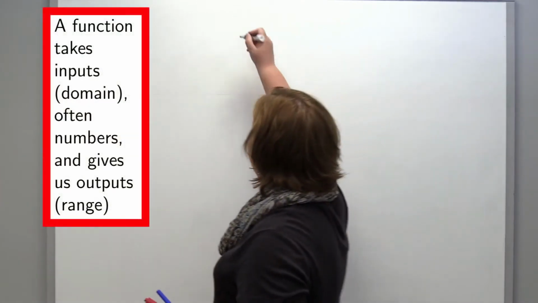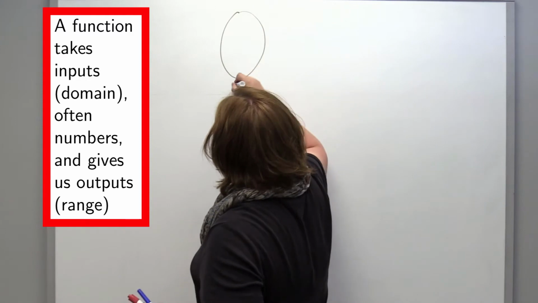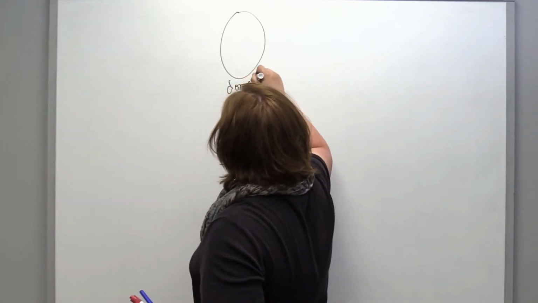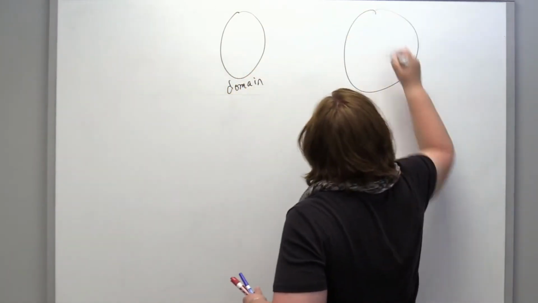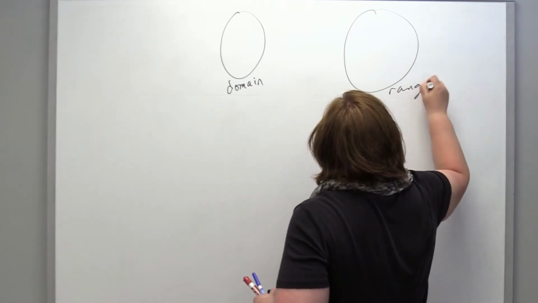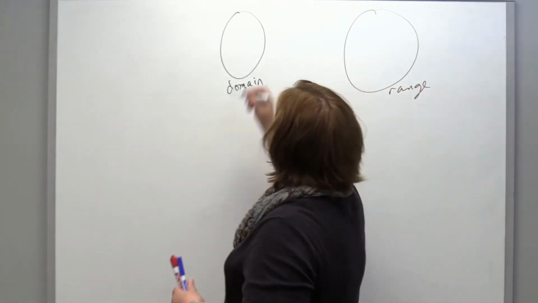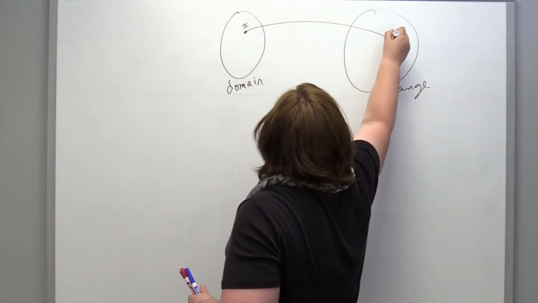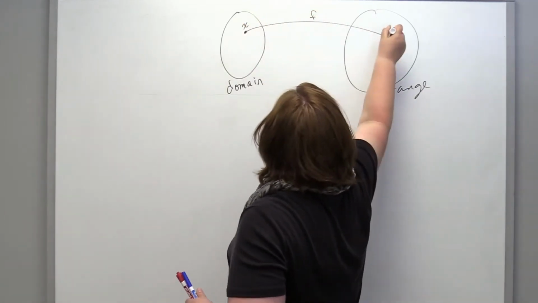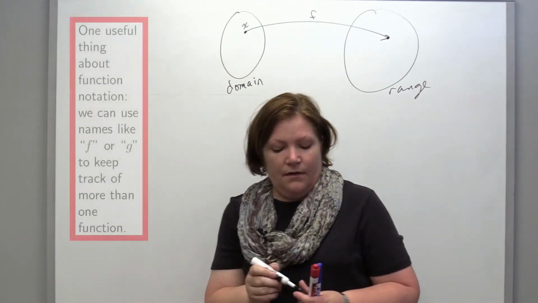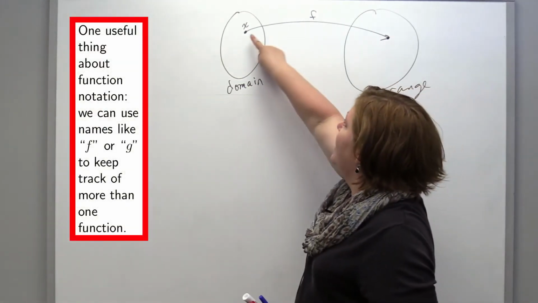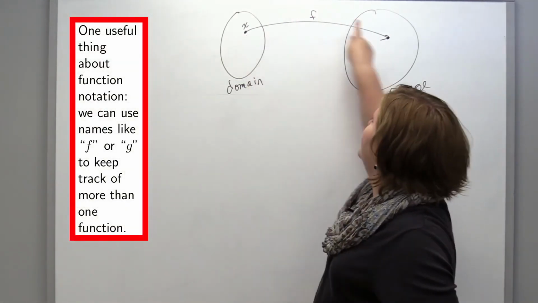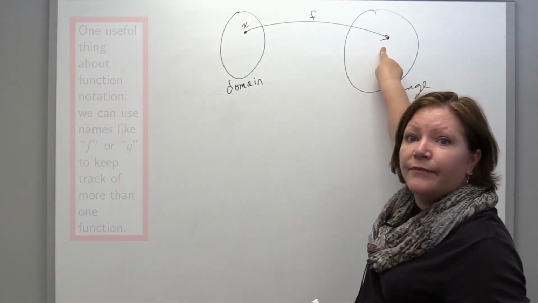So we can think of this as your domain, and we have range, and f makes this assignment. It assigns this element here to that element there.